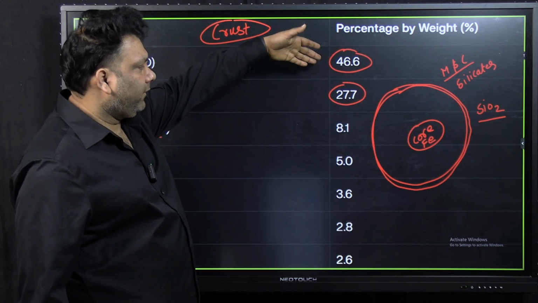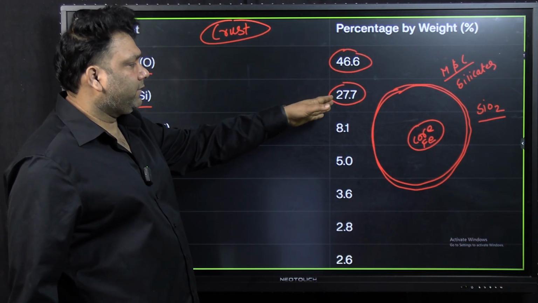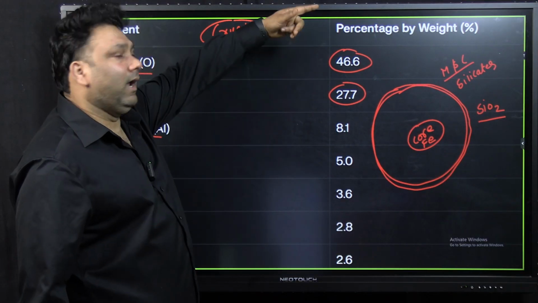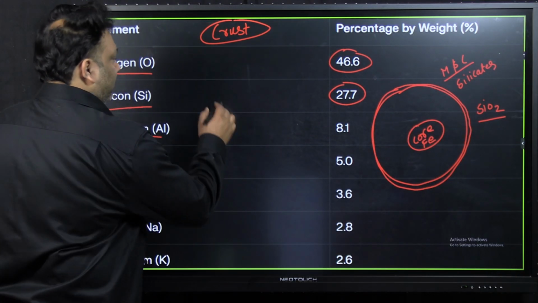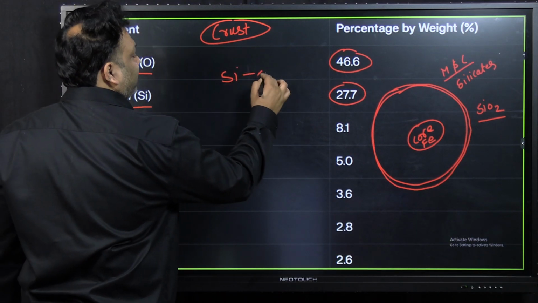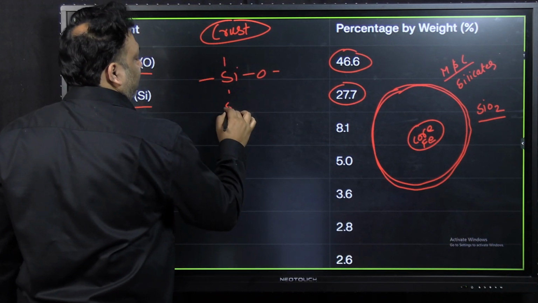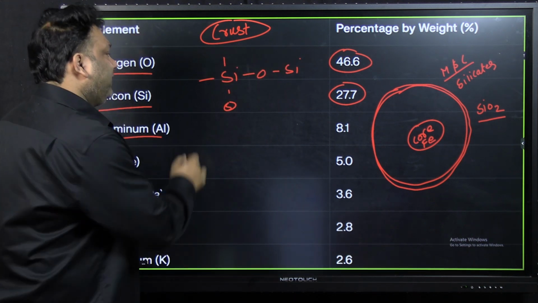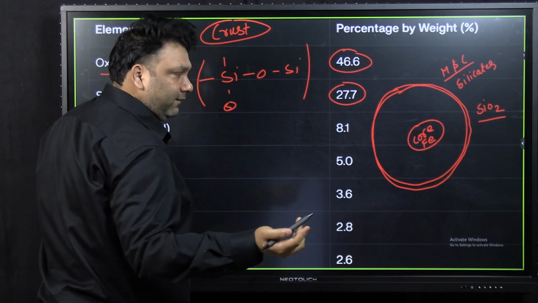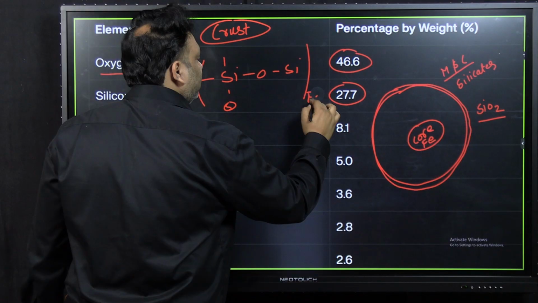Now if you look at the concentration of oxygen and the concentration of silicon, almost double, because the formula is SiO2. So SiO2 is in the form of chains like this. So it is in this form, never ending chain. And the chains are broken by the metals. Means यहाँ पे iron भी लगा सकते हो.